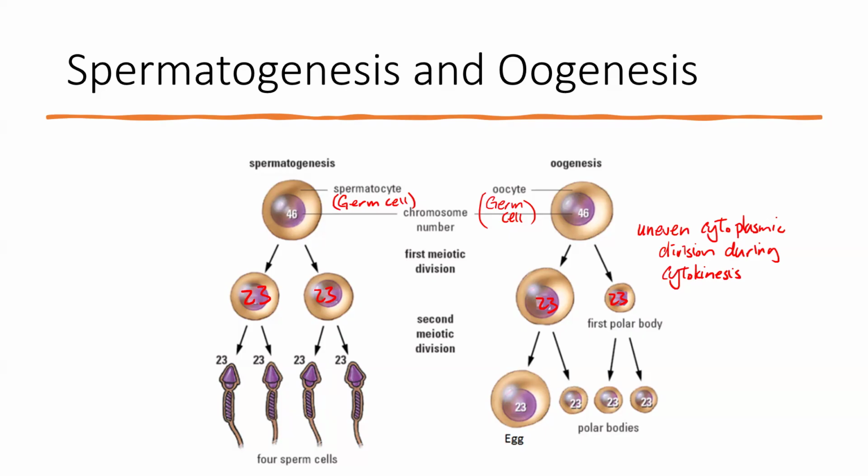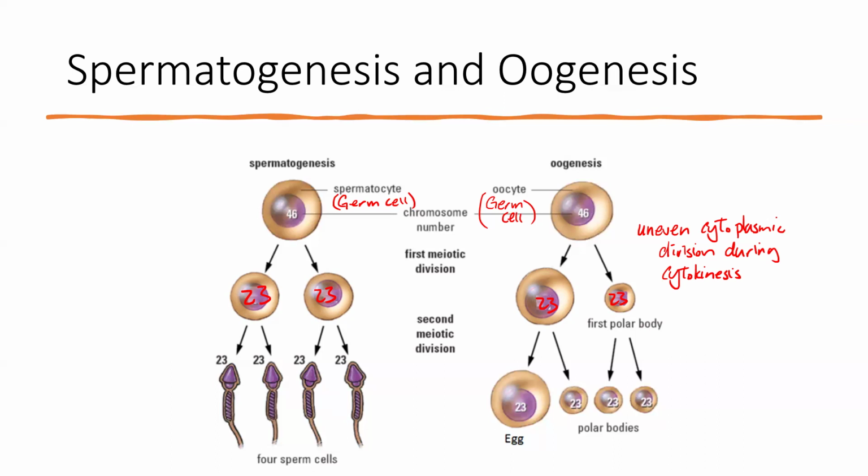So anyways, because the egg needs to be really big, when we divide it, we want one egg to get a majority of the cytoplasm, and the other one doesn't really get much. So this is called a polar body. The polar body might divide, it might not, but ultimately the polar body will be broken down and reabsorbed by the female's body.